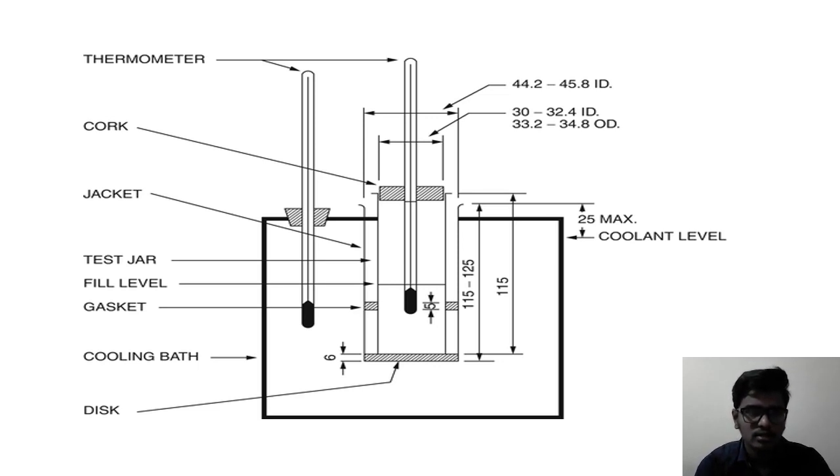It has some apparatus called thermometer and cork and a jacket, test jar, fill level, gasket, cooling bath, disc, coolant level, and here are some readings where that should be kept. And this is about the diagram of pour point.